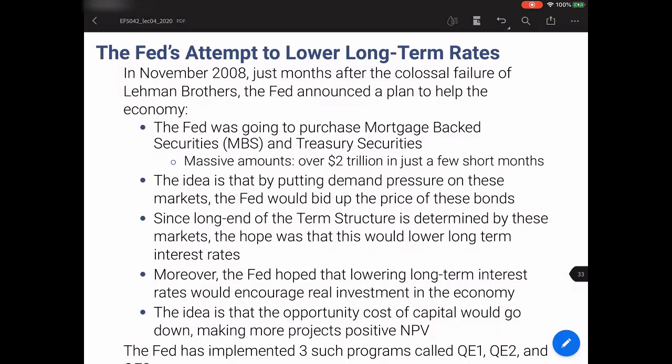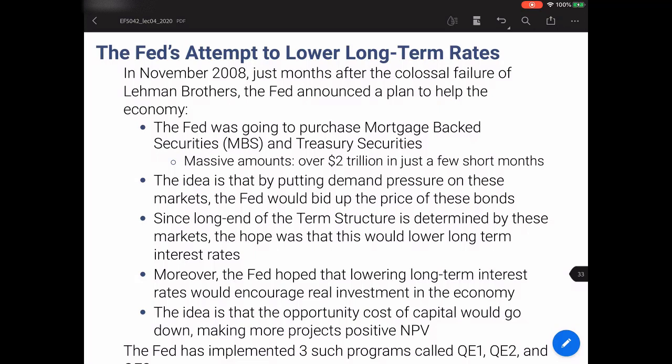Okay, so what the Fed decided to do is inject the financial institutions with cash by purchasing treasury securities off these banks' balance sheets, in addition to mortgage-backed securities. And this was a massive amount of money, over $2 trillion in just a few months.